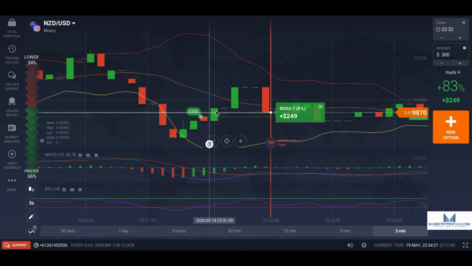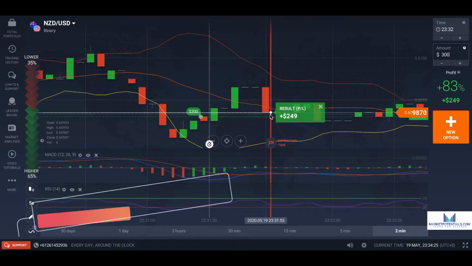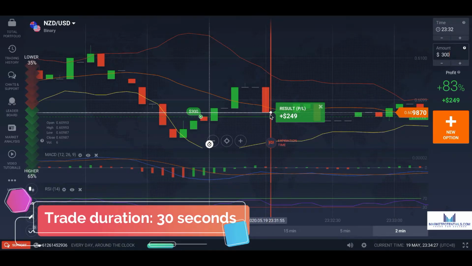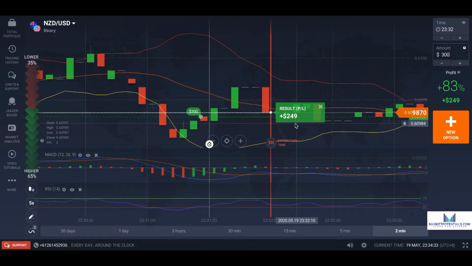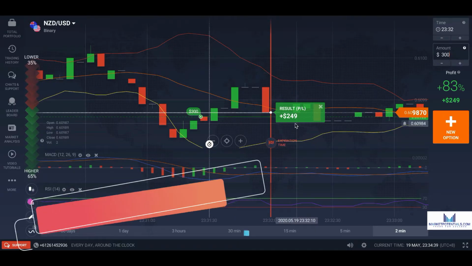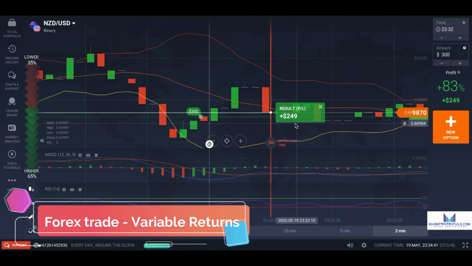So the trade duration is just 30 seconds between here to here. Obviously, the trade worked out in my favor, allowing me to pocket the profit of $249. For those of you who may not have done a Forex trade, typically the returns in Forex trading are entirely variable.